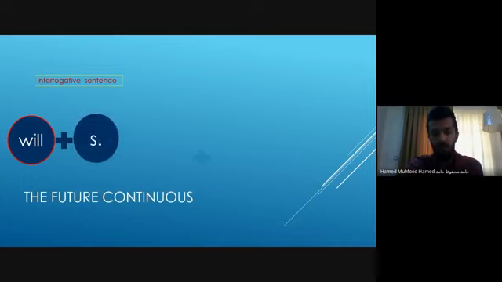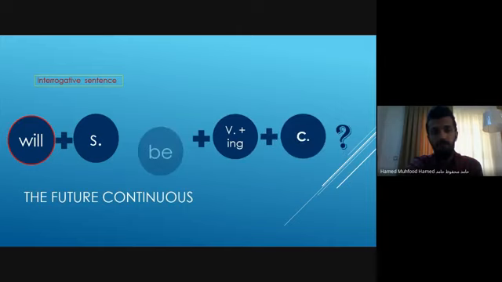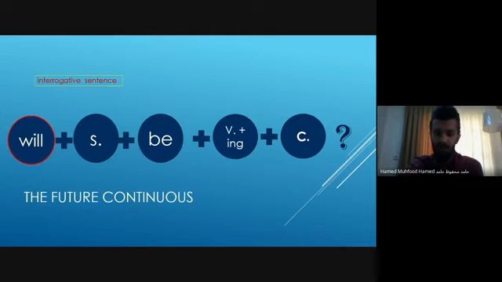And after the subject, we should have the verb be, that's root form, and then the main verb of the sentence in its ing form, and then the complement. And as Hanan said, we should always remember to end the interrogative sentence with a question mark. So it's very important to remember this. So will, subject, verb be, and then the main verb of the sentence in its ing form, and then the complement.